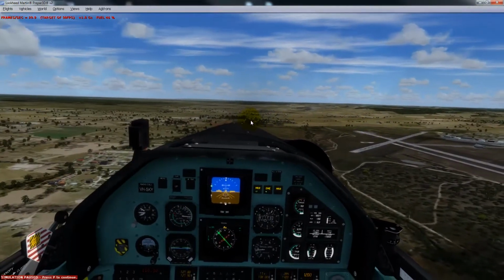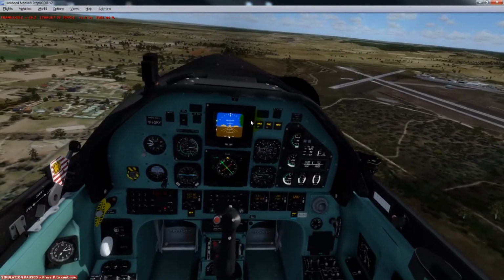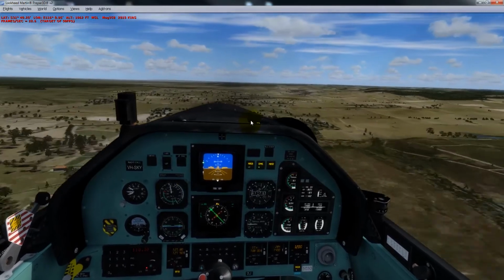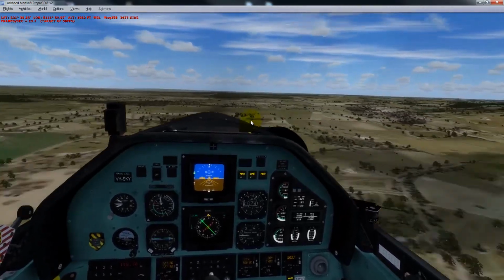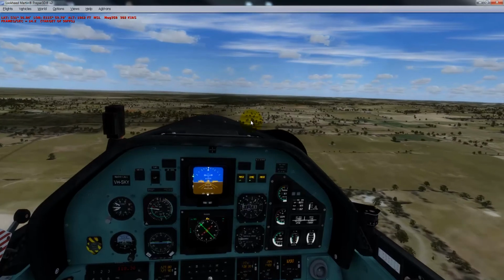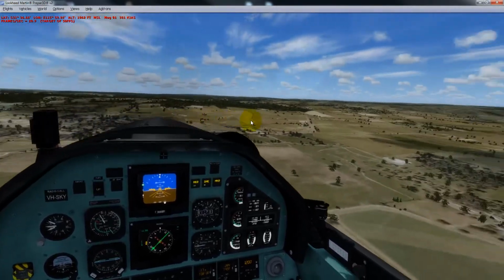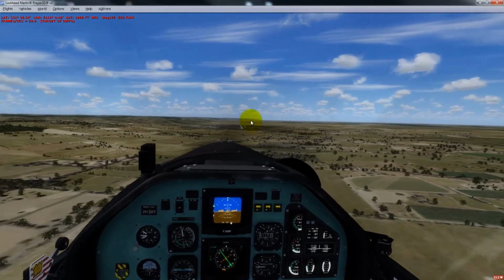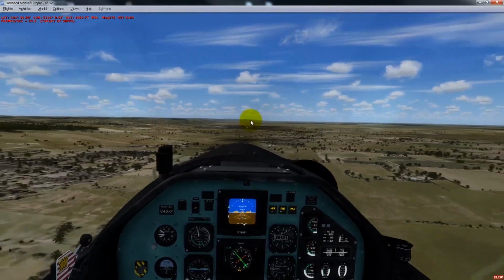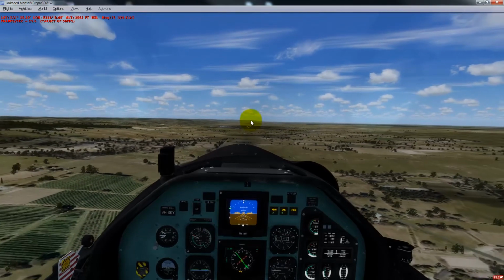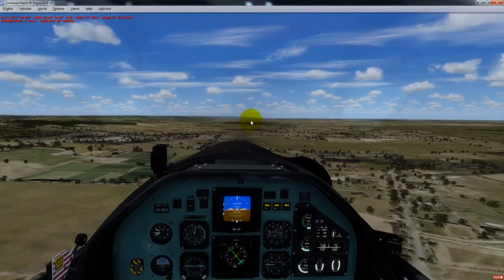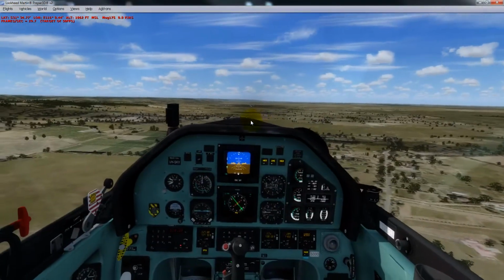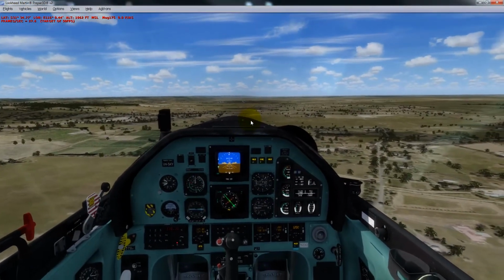Rather than actually fly the 10 miles out, I'm going to use the slew and bring us out a short distance, so we're roughly about the right distance.